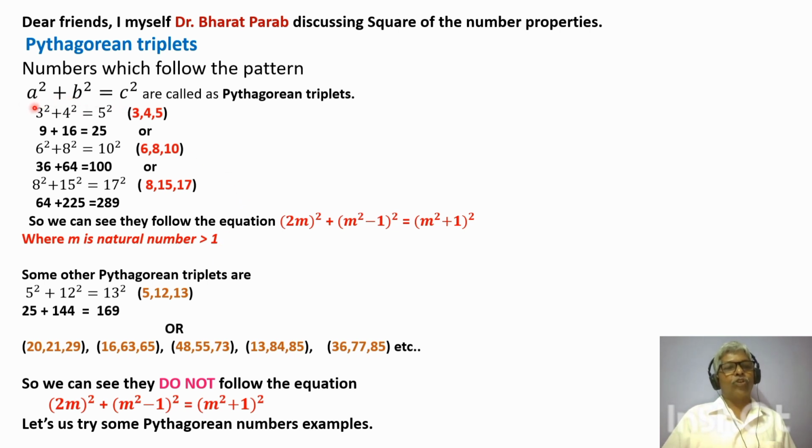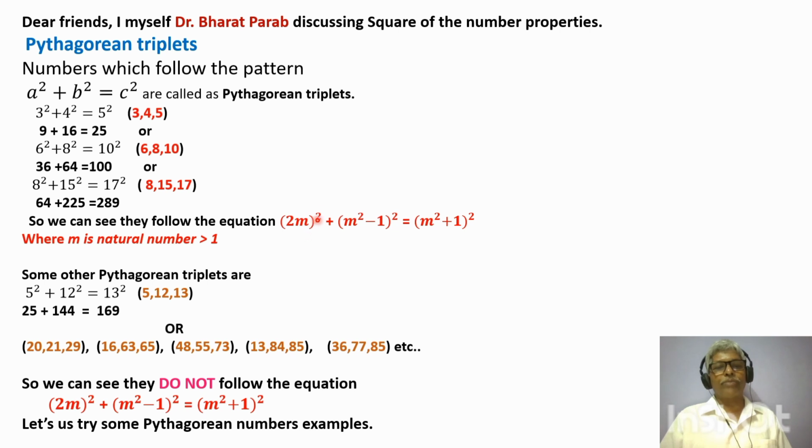These are the sides of the triangle. If m is less than 1, then this cannot give a positive quantity, and hence it has to be a natural number greater than 1.